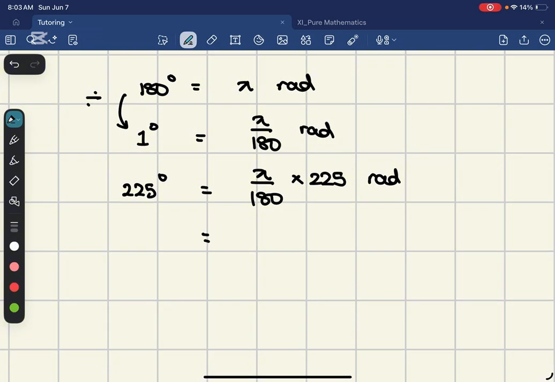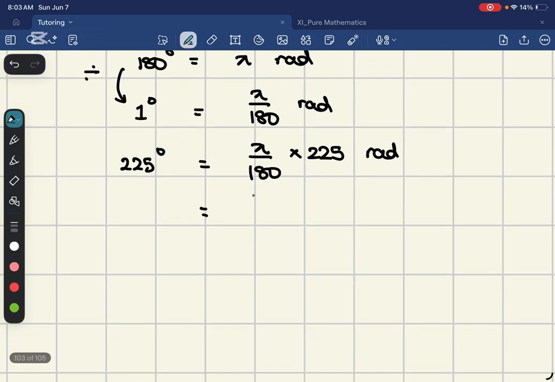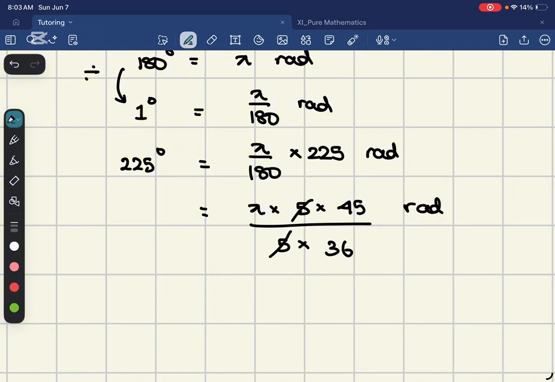And if you simplify this, both have a common factor of 5. So 5 times 45 gives you 225, and then 180 can be 5 times 36. And these cancel out.